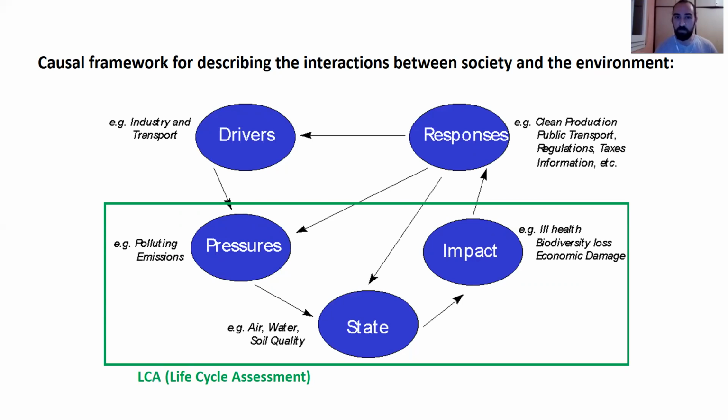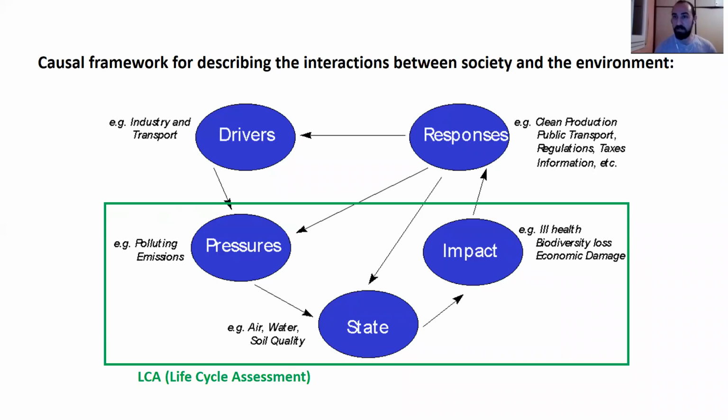So, what does this mean? Why are we doing what we do? For example, transport, because we humans need to get from one place to another. That's the justification, that's the driver. Pressures are, while we are doing this, for example going from one place to another, we are making emissions, we are polluting the environment.